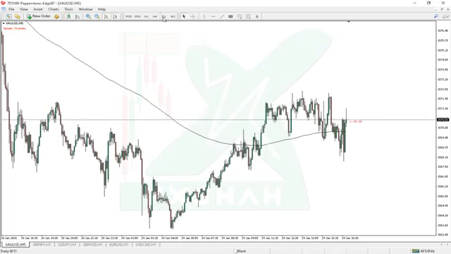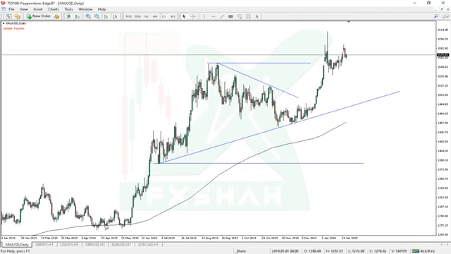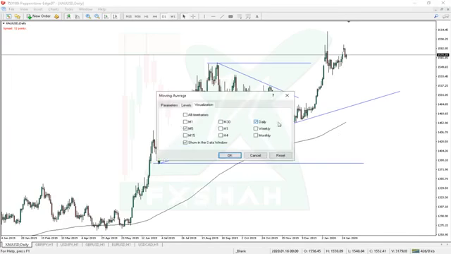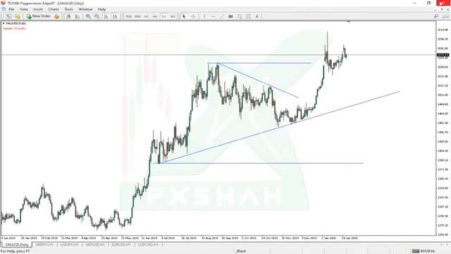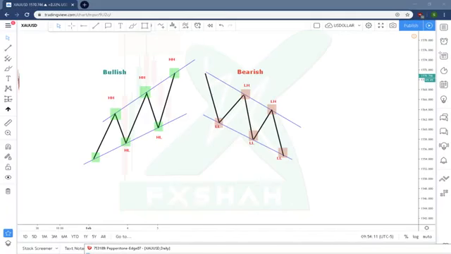If we look on the daily chart, the price is above the 200 EMA, so it means that we are in a powerful bullish trend. So we can identify a trending market using EMAs. This was just an example of the use of EMAs.